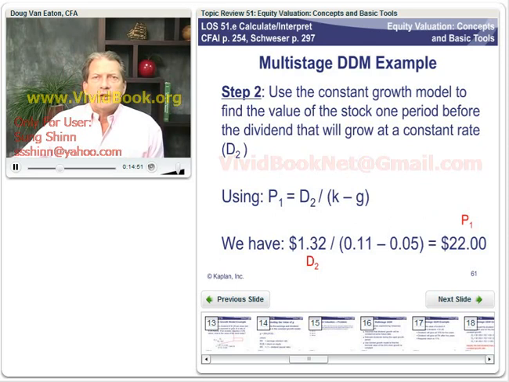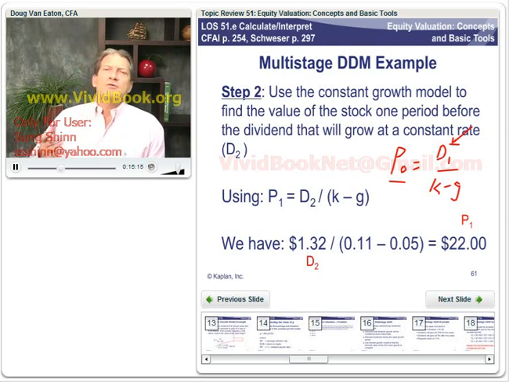We'll use the constant growth model to find the value of the stock one period before, right? Our formula for this infinite stream of dividends was P0 equals D1 over K minus G. So when we plug in the dividend at time 1, we're getting a value one period before that. Just as if we were solving for the present value of a regular annuity where the payments all come at the end of each period.